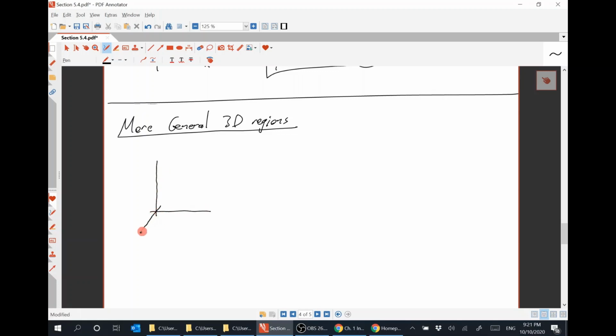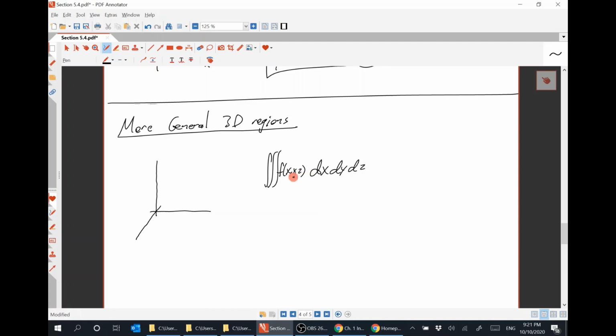You do the first integral, integrate the first variable, holding the other two constant, right? So when you're doing dx, dy, dz, first you integrate with respect to x, holding y and z constant. Then you integrate with respect to y, holding z constant. And then you integrate with respect to z.